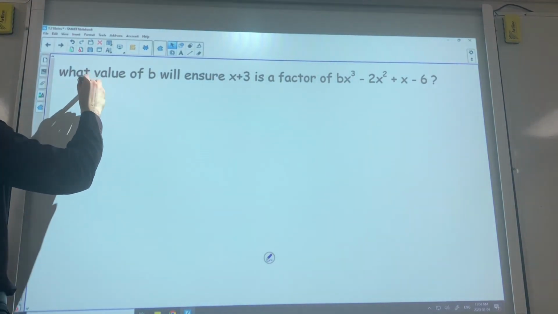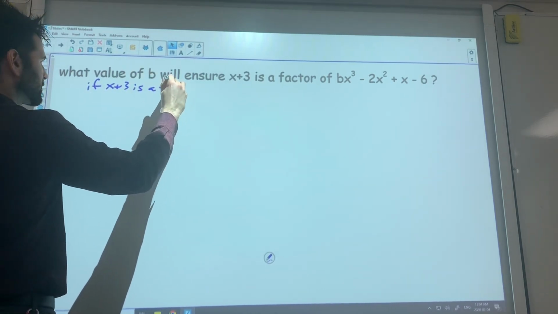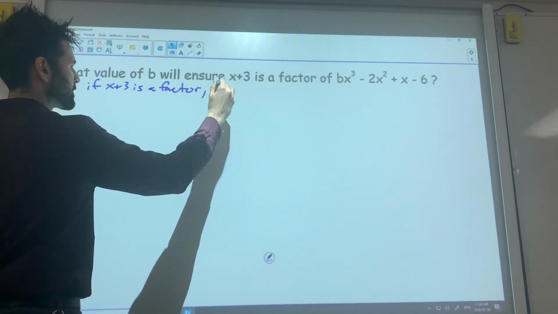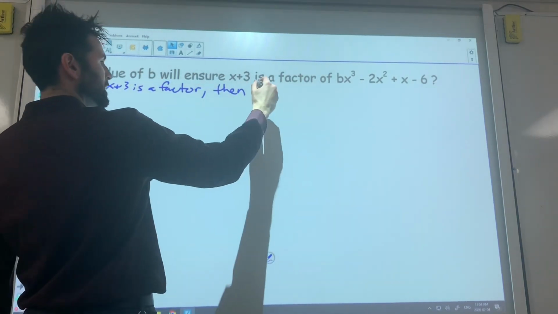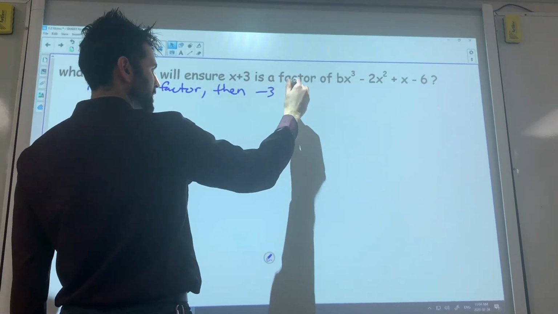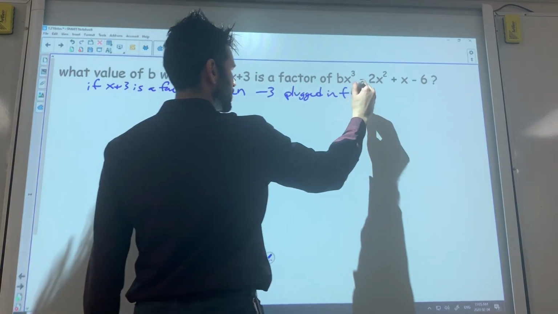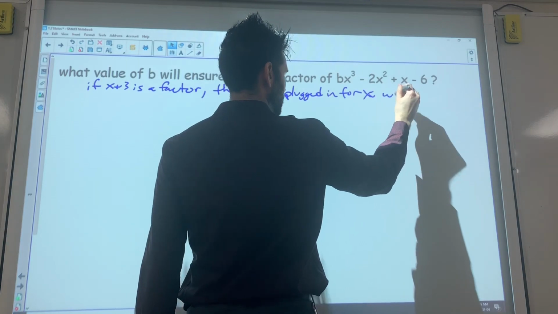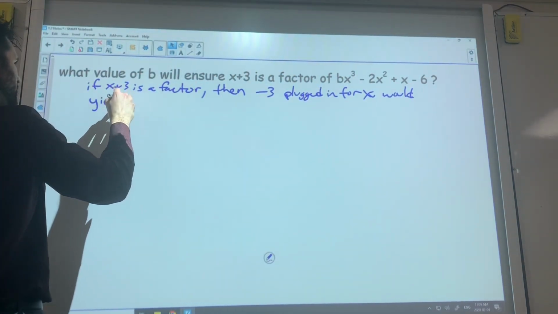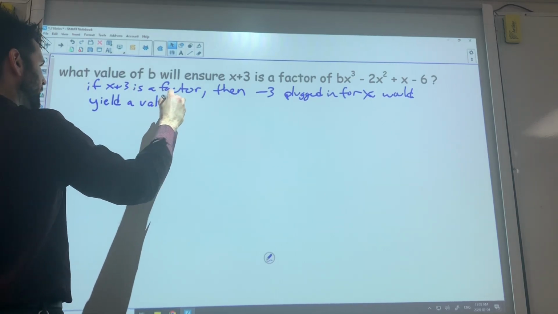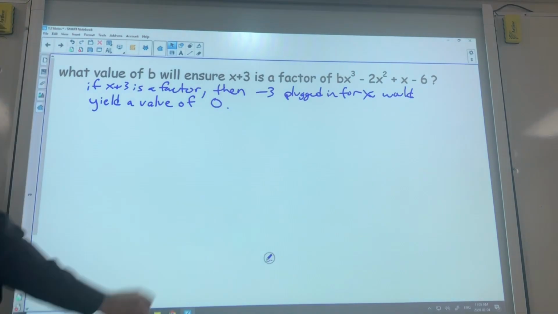If x plus 3 is a factor, then plugging in negative 3 for x would yield a value of what? Of 0, right?